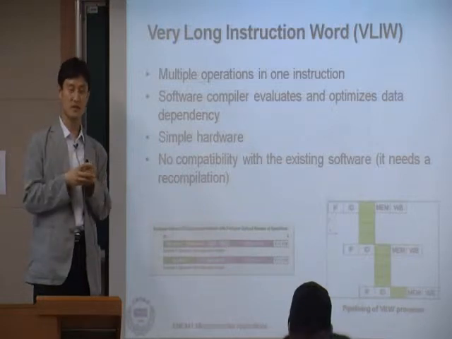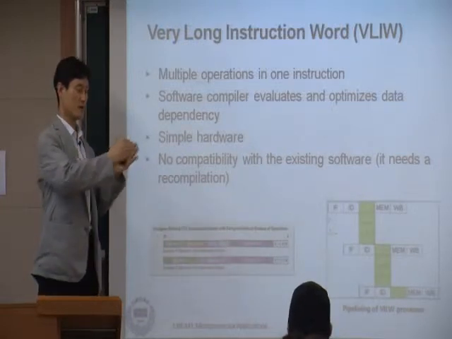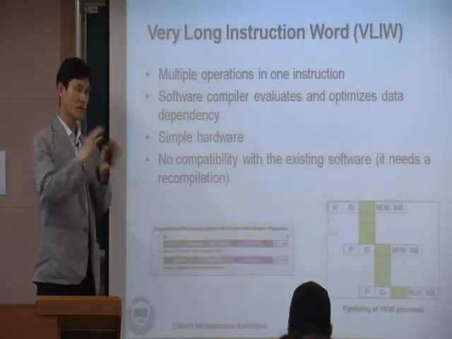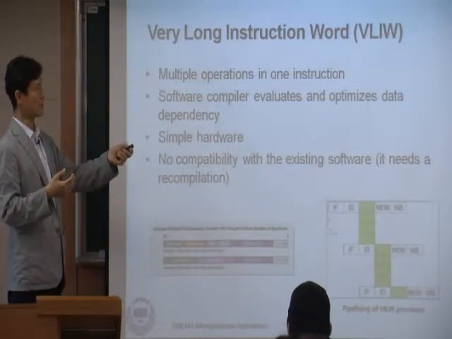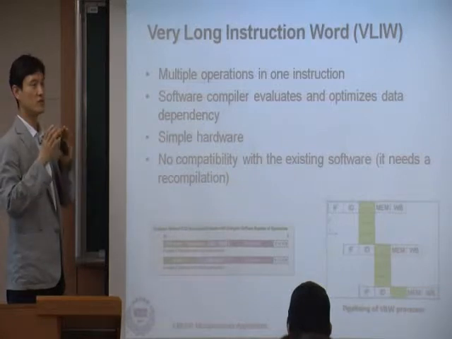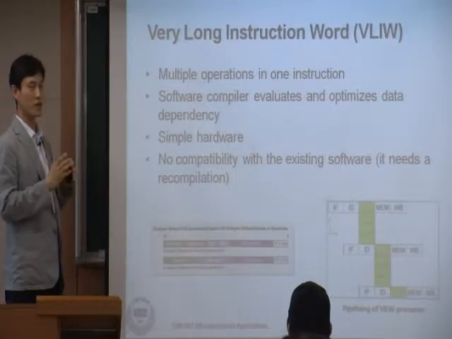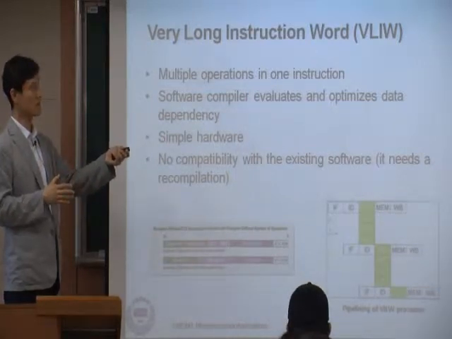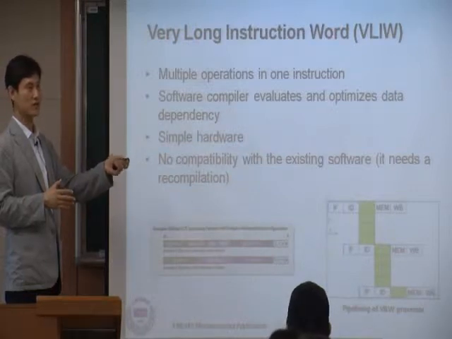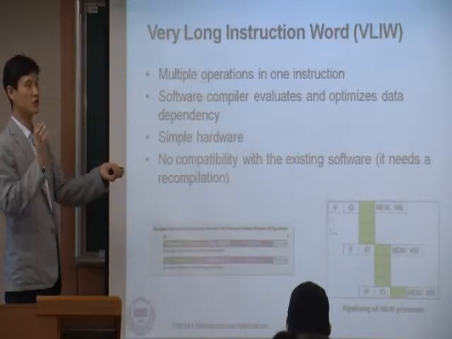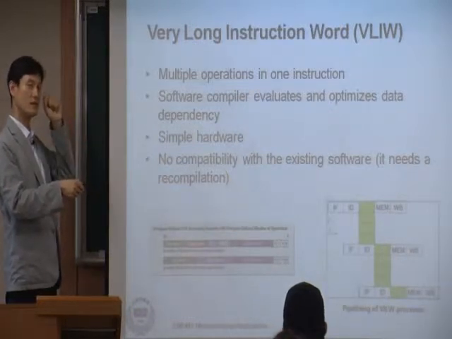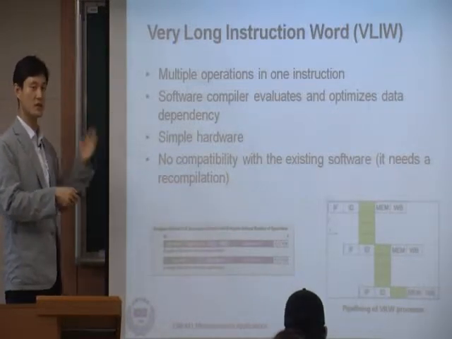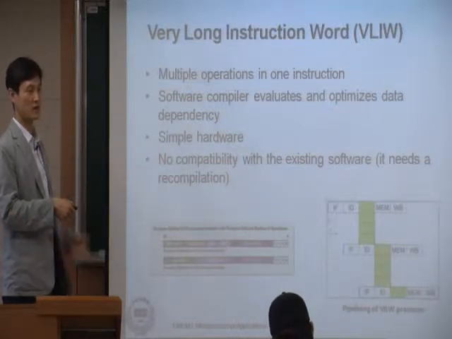Since we are using different technology, you need to use a special compiler for this hardware. This is not the regular compiler. So this hardware needs a special compiler or assembler.